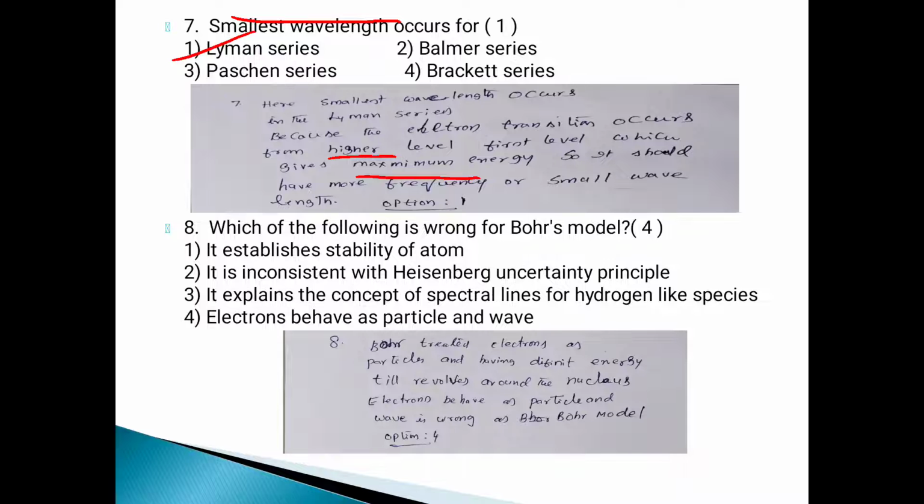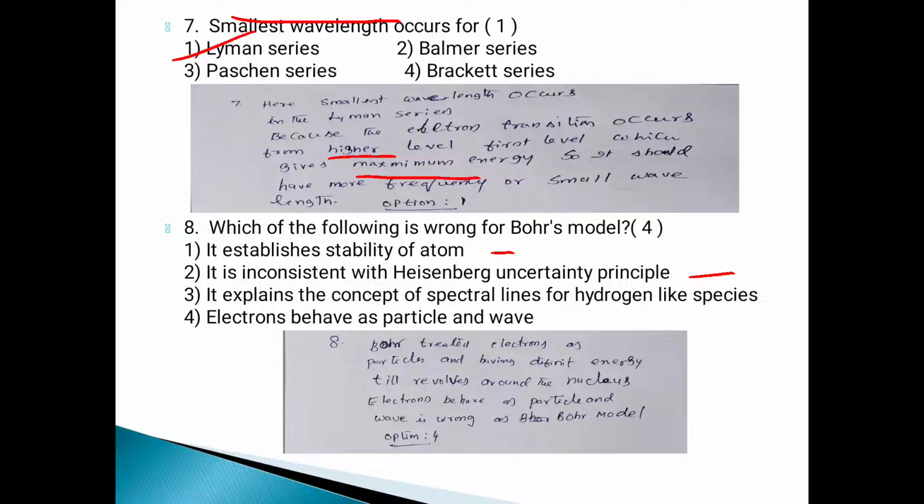Which of the following is wrong for the Bohr model? If you are able to understand Bohr's postulates, then you can easily answer this one. Is it to establish the stability of an atom? Yes, that is evident from Bohr's postulates. Is it inconsistent with the Heisenberg uncertainty principle?